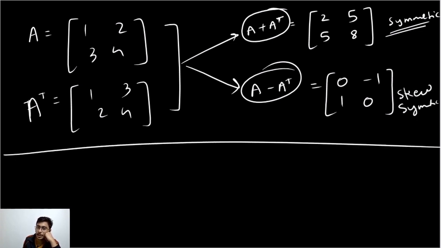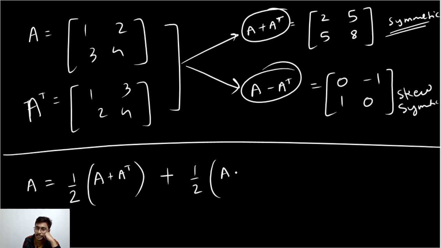And a common property of any matrix, whether or not it is symmetric or skew symmetric, is that A can be written in terms of these two matrices: half of the symmetric matrix, A plus A transpose, plus half of the skew symmetric matrix, which is A minus A transpose.